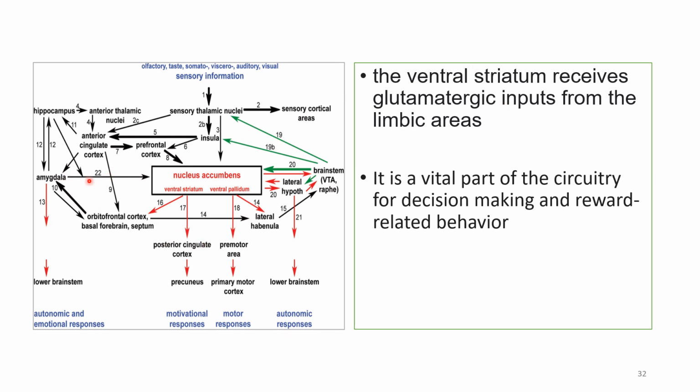So it receives glutamatergic input from the limbic areas, and it is a vital part of the circuitry for decision making and reward related behavior. So the ventral system is important for decision making and reward related behavior because it is connected to the limbic system.